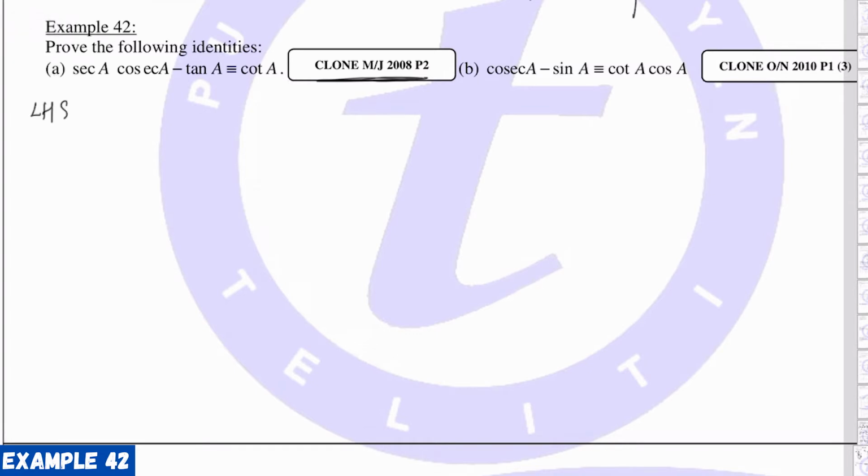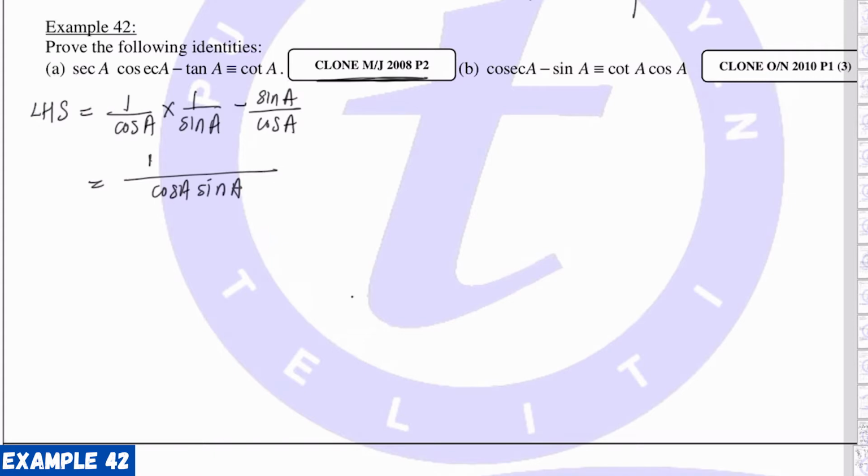Let's start from the left hand side. Why left hand side? The left hand side has more number of terms, and secant is 1 over cos, cosecant is 1 over sine, and tangent is sine over cos. Now you notice if I put this together, my common denominator is cos A sine A. So this is 1.